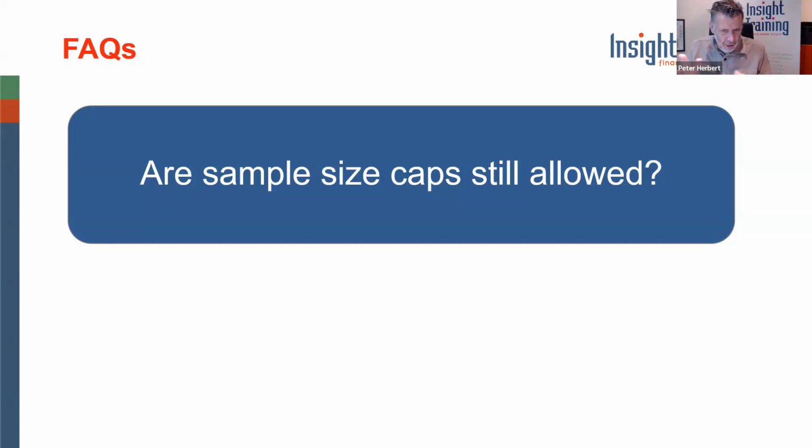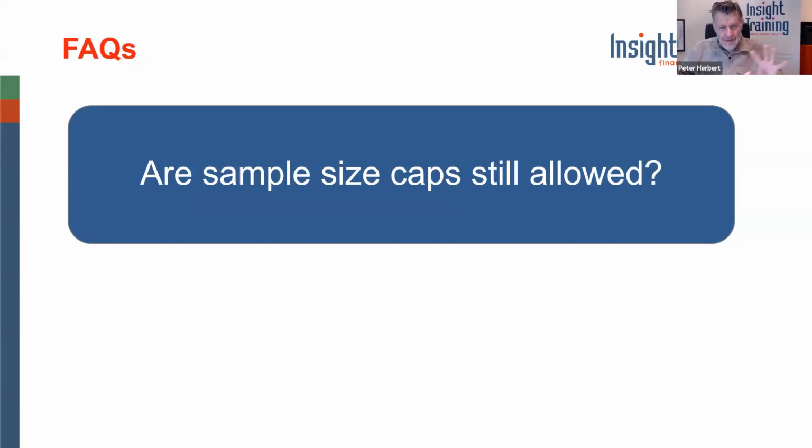I suppose their days are perhaps to a degree numbered, and that's really all around the conversation about, well, if you're going to cap the sample size, when you're sampling and using a cap, can you really then draw inferences about the entire population by just looking at a sample? Is it a fundamentally flawed approach where the cap exists?